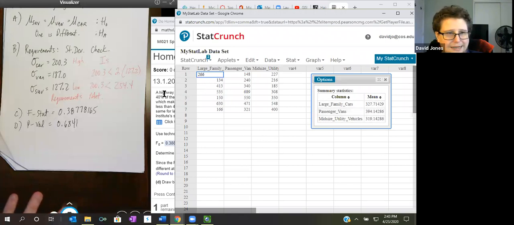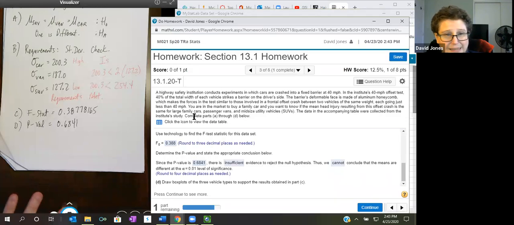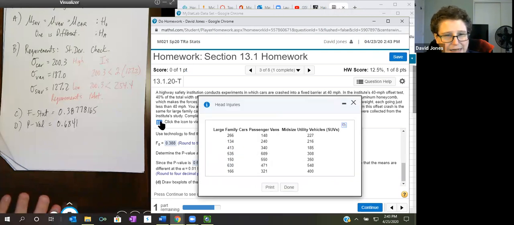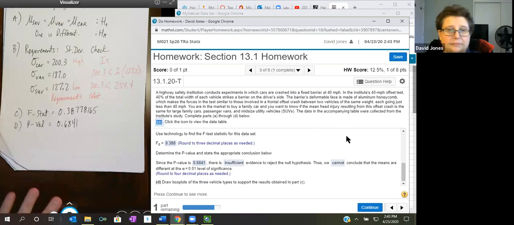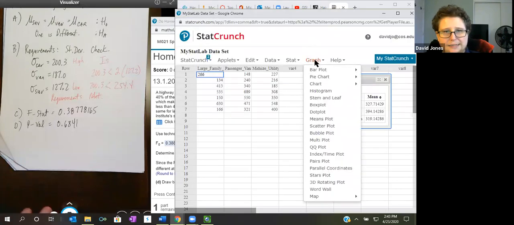And what was this data on? The mean head injury. I wonder how they calculate mean head injury. Huh. Oh, box plots. It wants box plots.